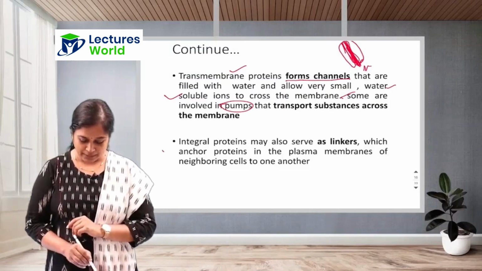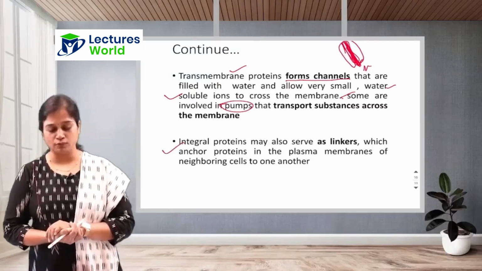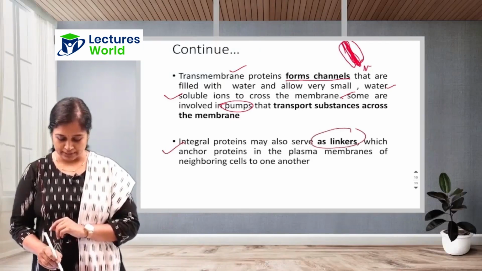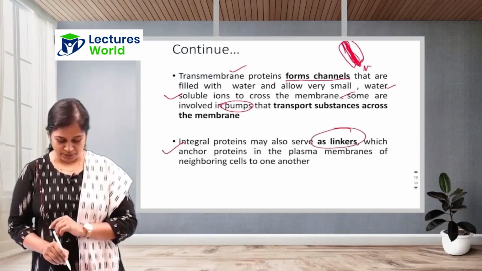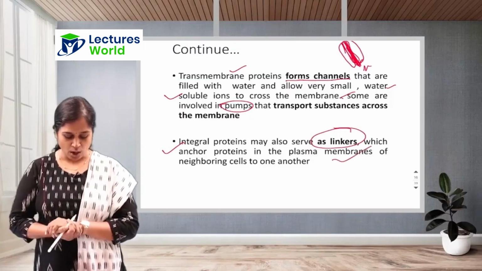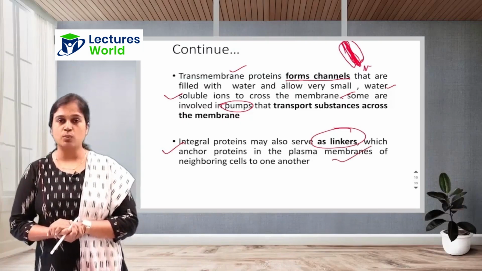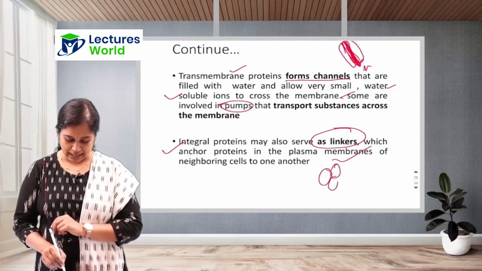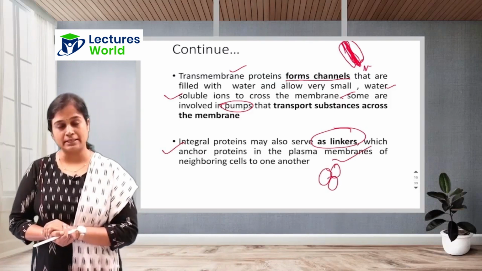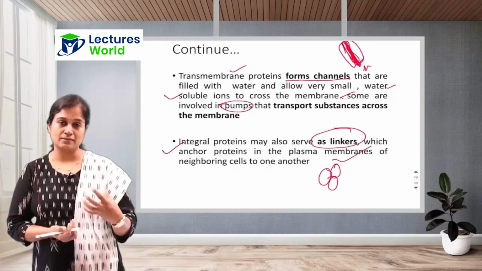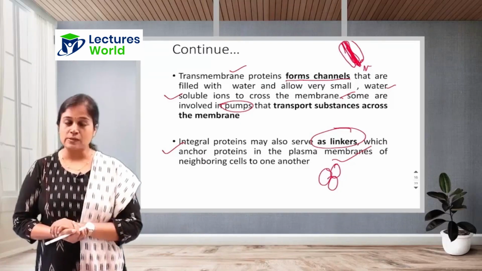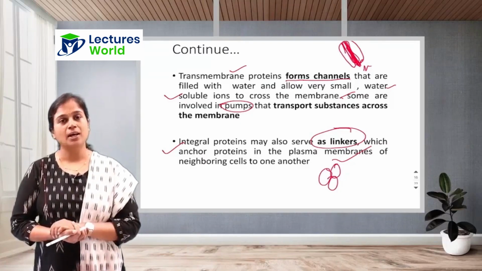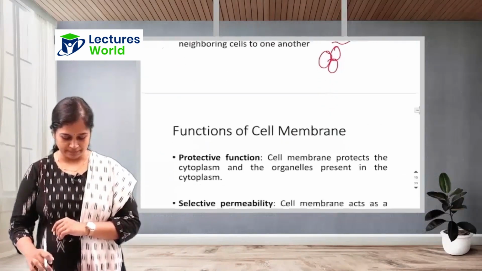Then integral proteins may also work as linkers which anchor the proteins in the plasma membranes of neighboring cells to one another. So this kind of protein works as a linker, attaching with the other cells. So these are the functions of the plasma membrane proteins.